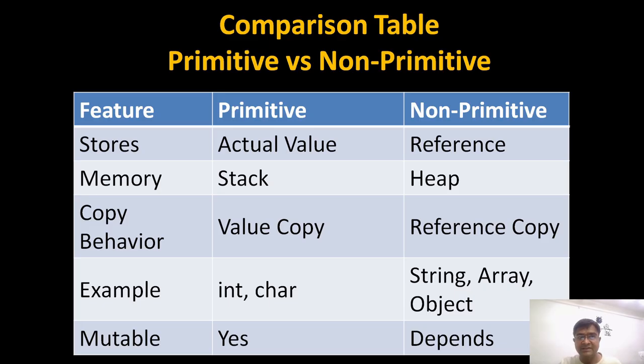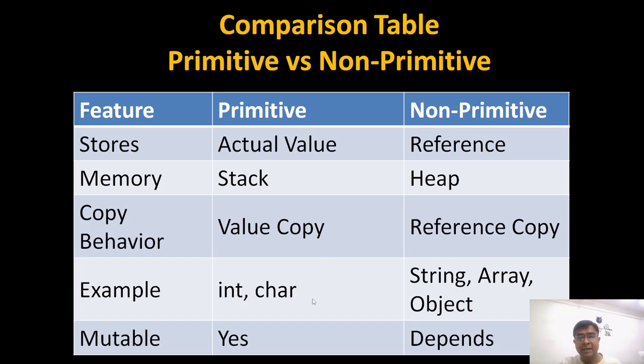So here's a comparison table: primitive versus non-primitive. Primitive stores the actual value, non-primitive stores the reference. Memory: primitive stores the data in stack memory, non-primitive stores the data in heap memory. The copy behavior of primitive data types is value copy, and non-primitive data types is reference copy.